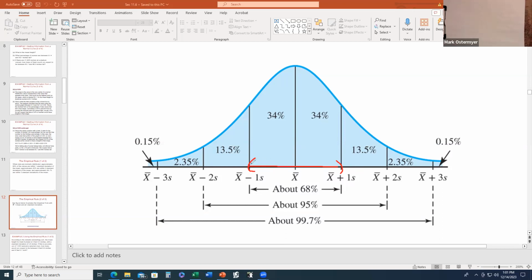Within this interval, the empirical rule guarantees that 68% of your observations will fall between these endpoints.